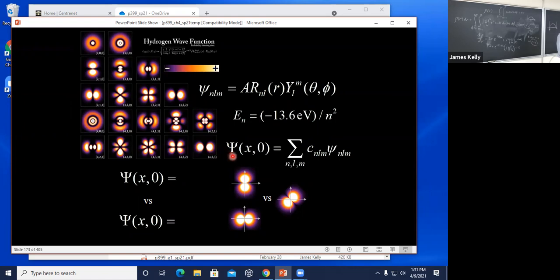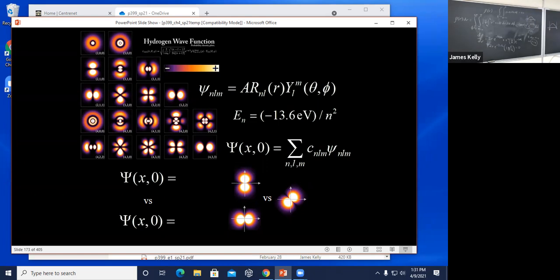So when I expand each of these states, which correspond to just 2 snowball-shaped blobs in space oriented different ways, these coefficients that are out in front, when I expand it as a linear combination of definite energy states, those coefficients have to change. It's going to be a different linear combination of those definite energy states.